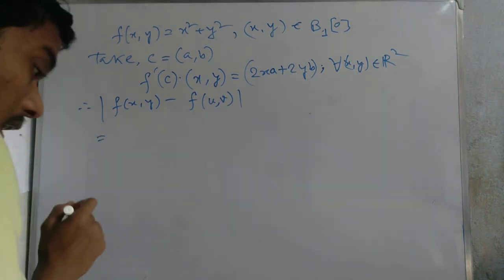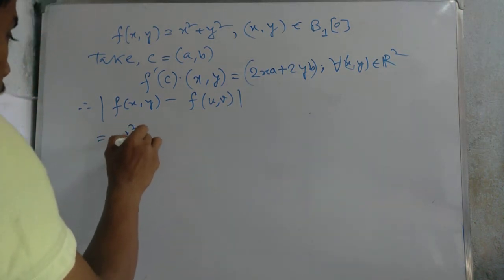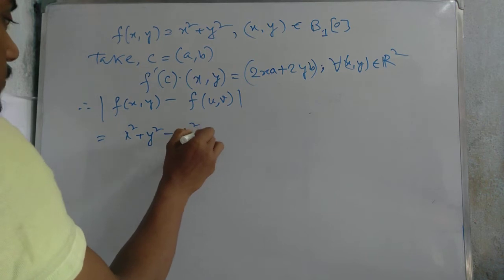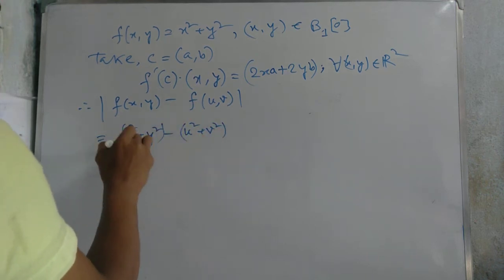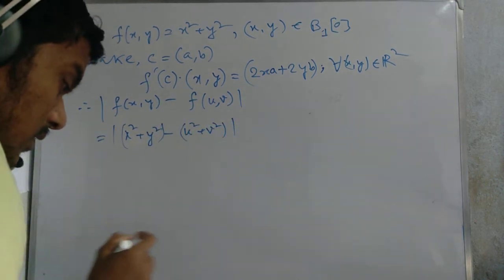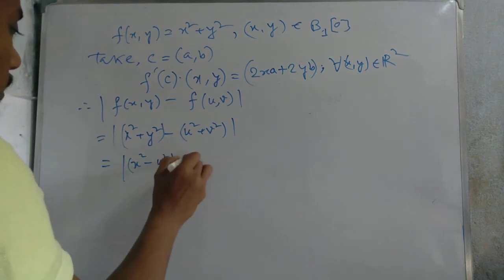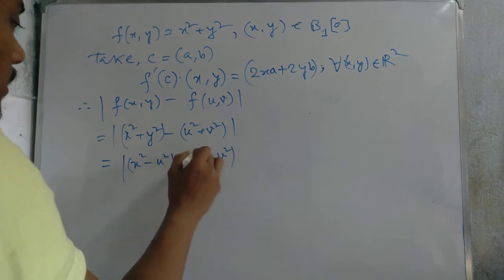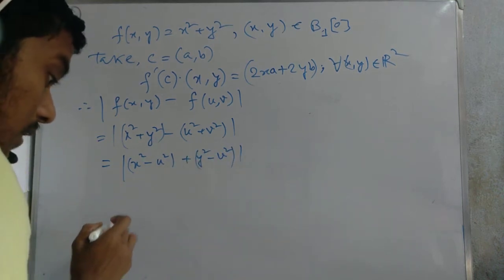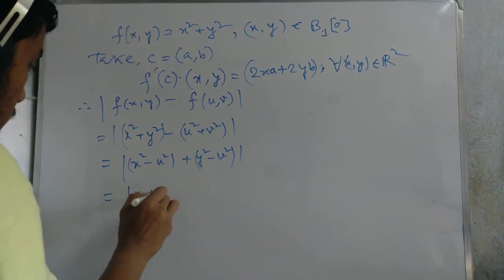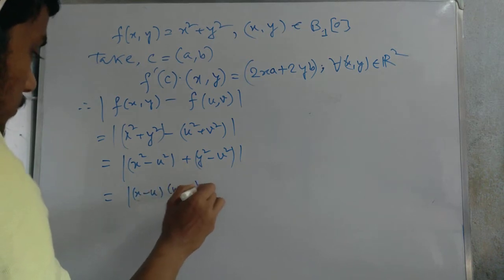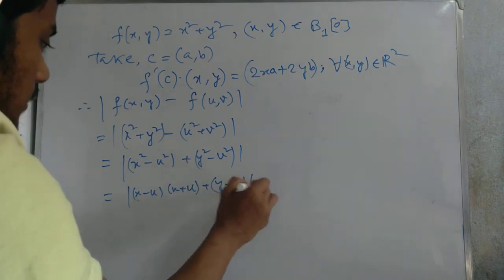Equal to, we write here x square plus y square difference u square plus v square. Okay, then this mod equal to how much? x square difference u square and y square difference v square, equal to (x difference u)(x plus u) and (y difference v)(y plus v).